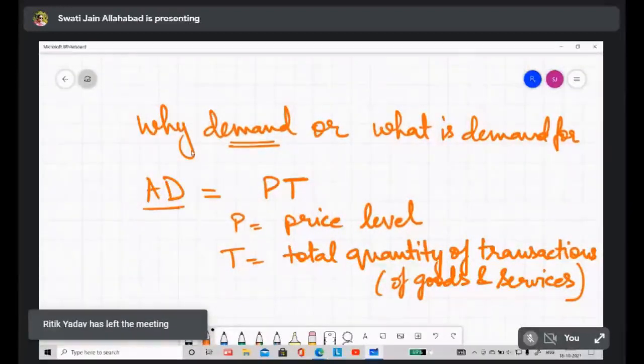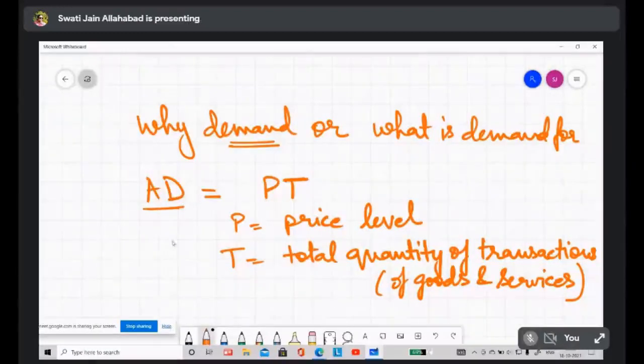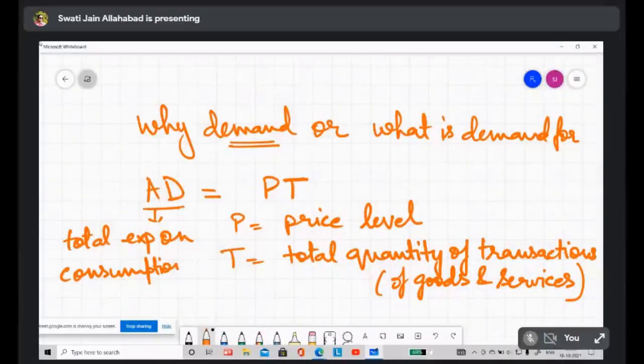So for these transactions only you are using the money. And that is why you are saying that aggregate demand is a monetary variable here. So aggregate demand is what? Aggregate demand is total expenditure on consumption or capital goods.